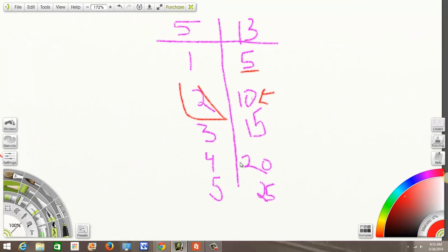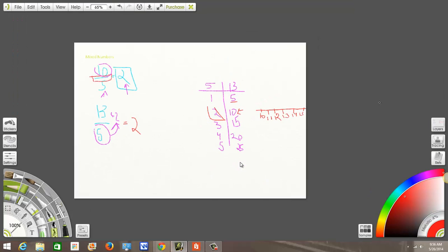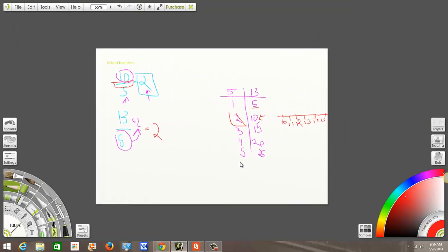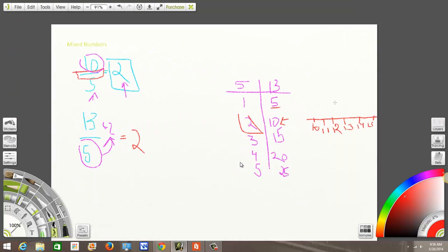And how many? Let's look at the number line. 10, 11, 12, 13, 14, 15. And this is a zoomed in version, okay? I don't mean the canvas zoom out feature. I mean that this number line is zoomed in, so you don't see the 0 or the negative numbers.